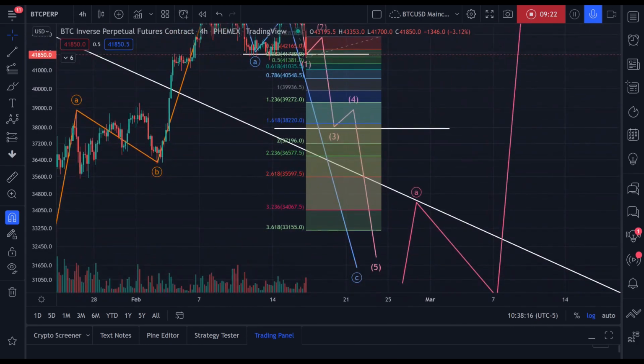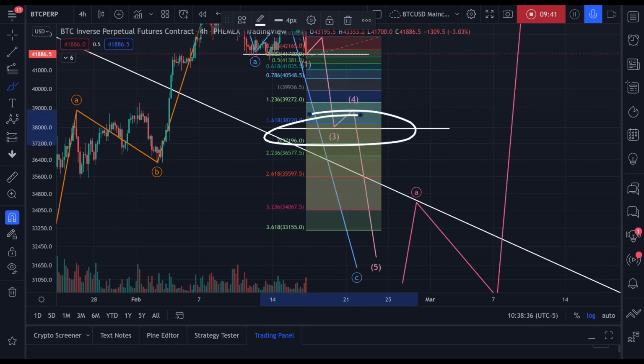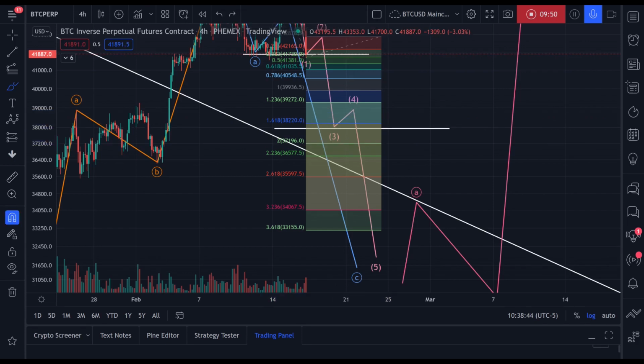We know on the balance of probability, statistically speaking, most wave 3 impulses in a 5-wave sequence end between the 1.618 and the 2 Fibonacci extension. Now, the minimum is a 1, we know that, but on average, most of them end in that region. So that's confluence right there. We have confluence of our general support and resistance as well as our Fibonacci extension for wave 3. I think wave 3 ends in that region. Now, moving on to wave 5.